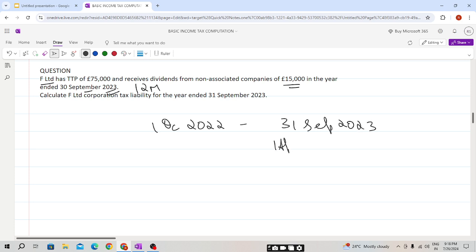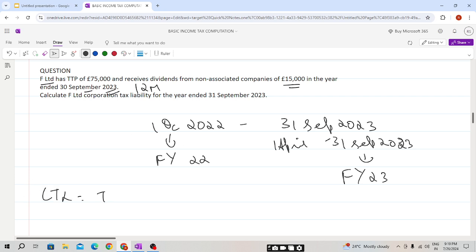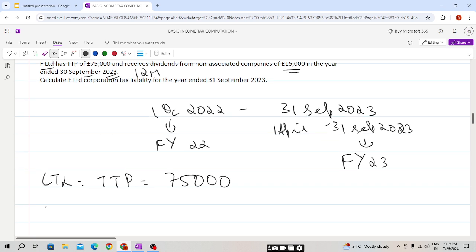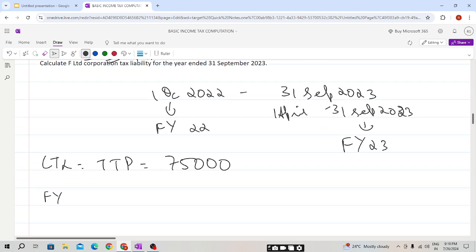And from 1st April till 30th September 23, it will fall under which head? It will fall under finance year 23, and the rest will fall under finance year 22. But the corporation tax liability will be based on the TTP 75,000, and we need to do it for finance year 22 and finance year 23.